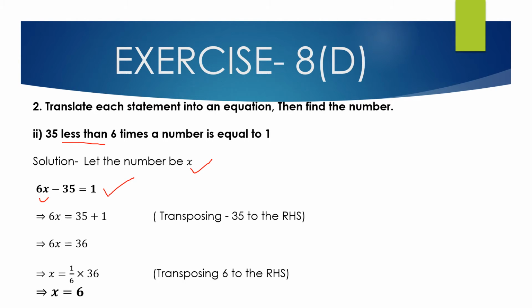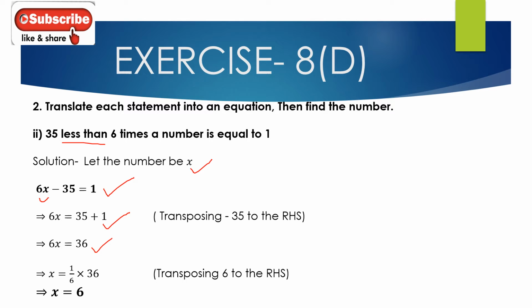Now 6x minus 35 is on the left hand side and 1 is on the right hand side. This minus 35 is transposed to the right hand side, and minus 35 changes to plus 35. Now we get 6x equal to 1 plus 35, and 1 plus 35 is 36. So 6x equal to 36. This 6 is transposed to the right hand side, and the multiplication symbol changes to division symbol.